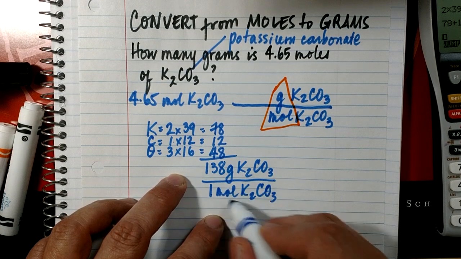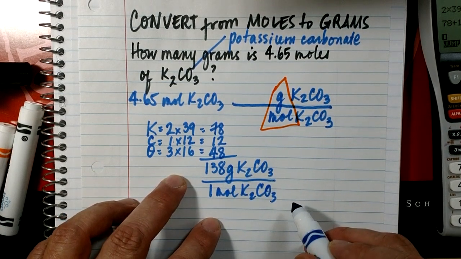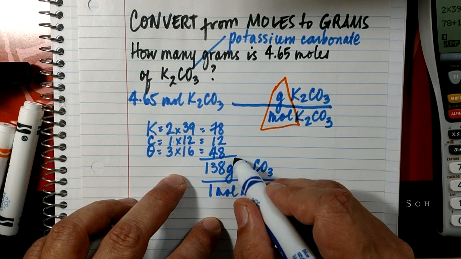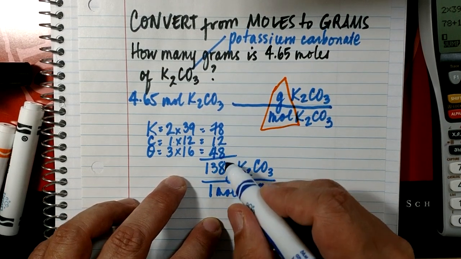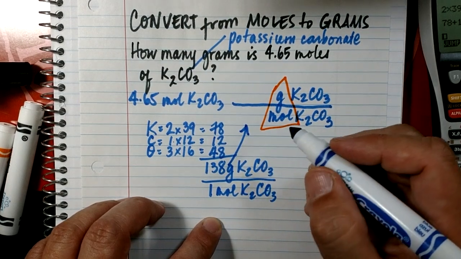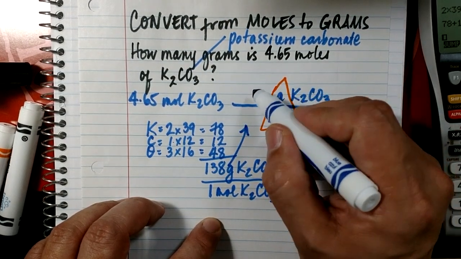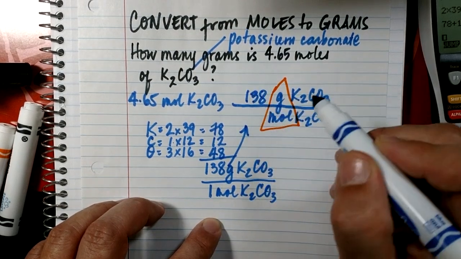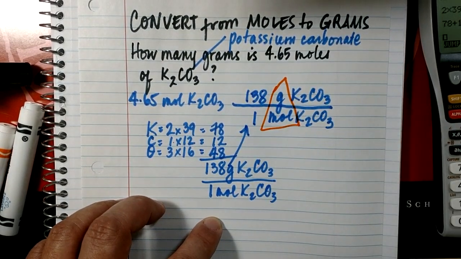And in this format of the molar mass, we already have grams on the top and moles on the bottom. So it is just simply a matter of inserting those numbers into the conversion factor, because 138 grams is 1 mole.